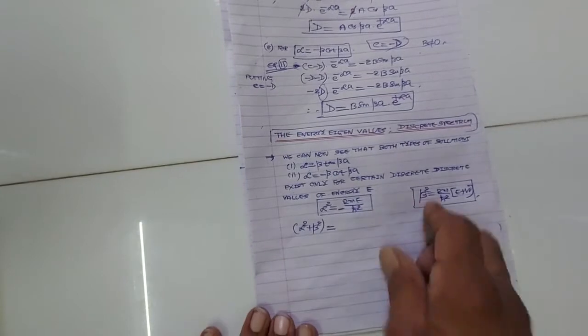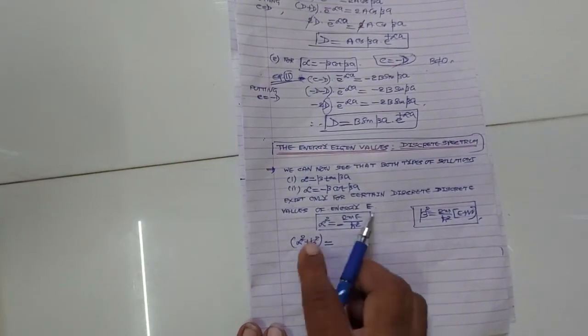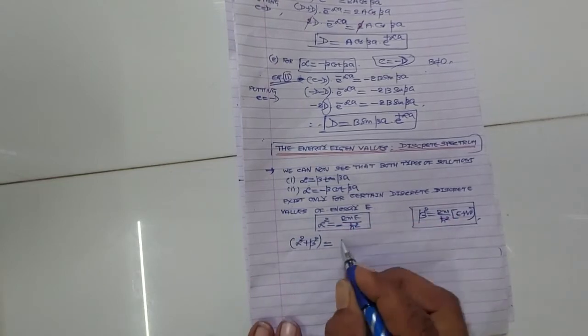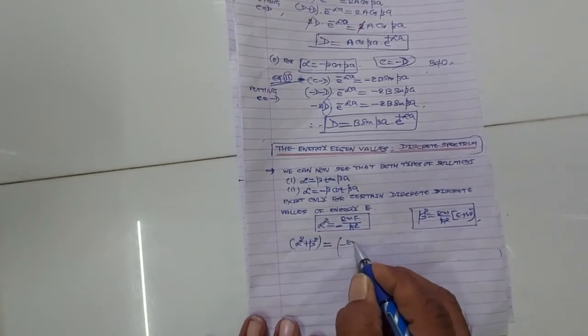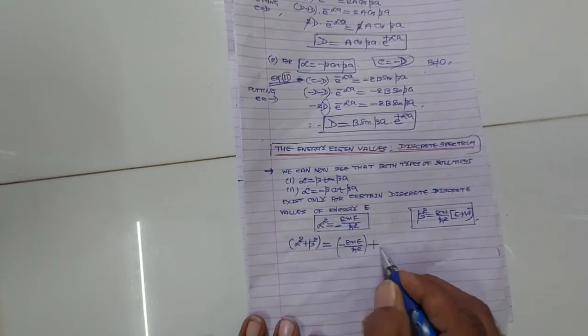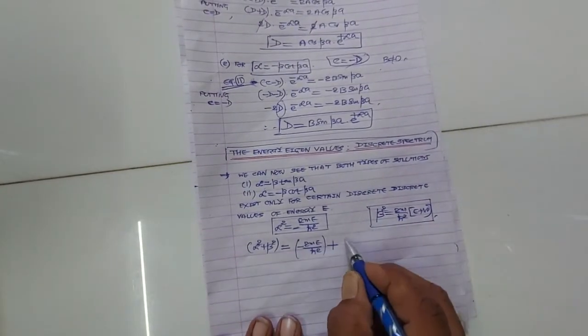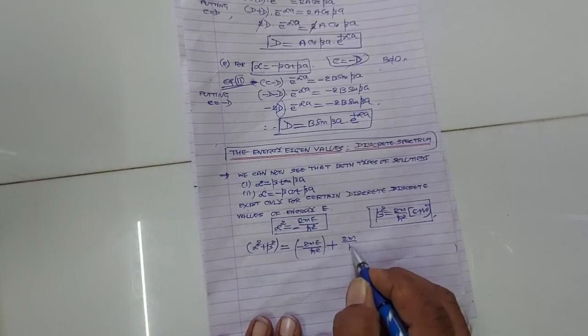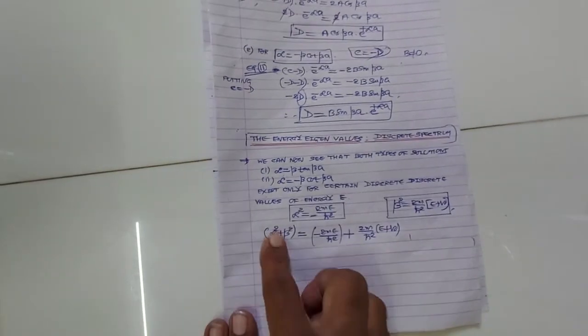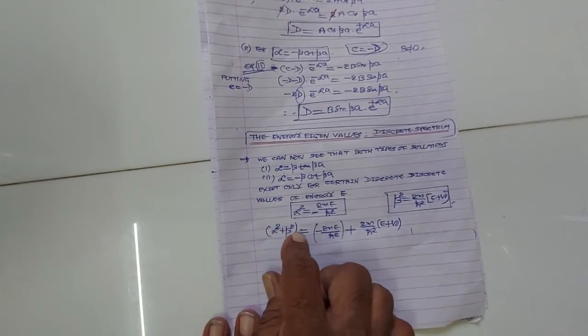If I take the sum of the two constants, alpha square plus beta square, we get the following.